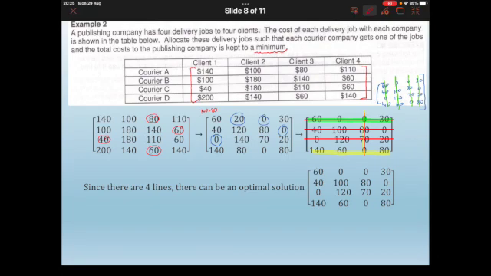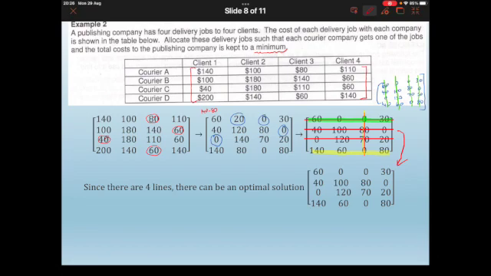Let's have a look at rewriting this matrix without the lines. All right, without the crossing. So now, what are you going to do? Look at the rows or the columns with 1 zero first.